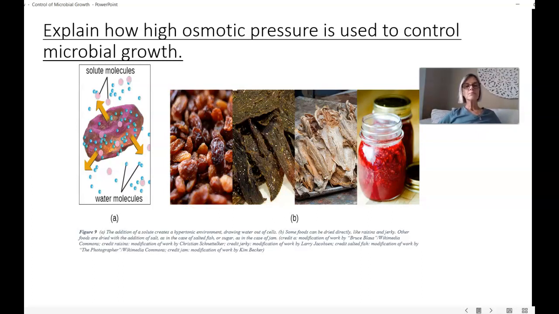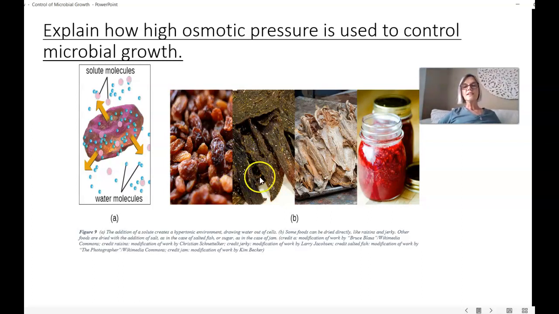And just by simply putting the fruit in the sun or in a warm place, the water is pulled out of the cell and you just get drying. And so what's going to happen is the inside of the dried fruit is so hypertonic that microorganisms won't be able to grow.